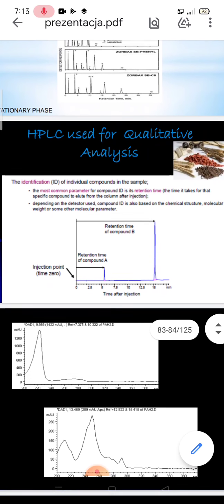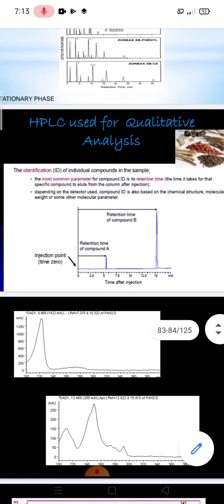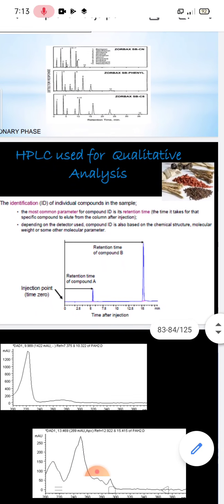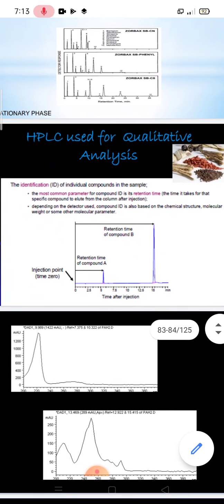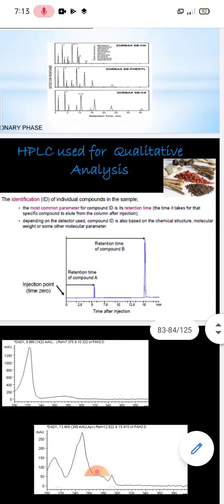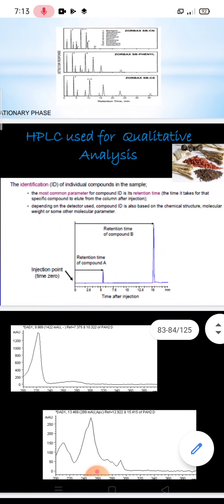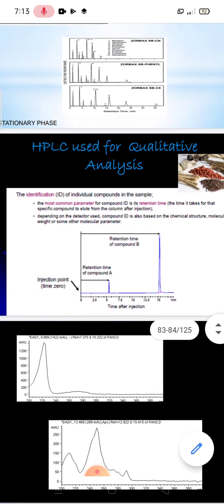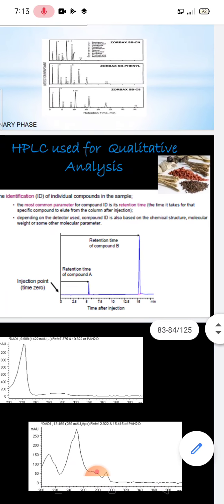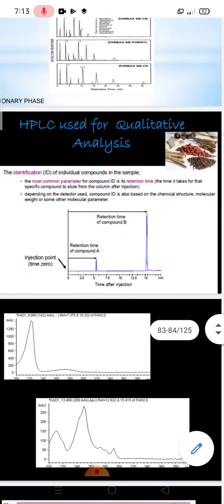When we upload the sample and run the mobile phase, you should remember there will be an interaction between the mobile phase and the sample, and from that sample the particular component will come out first with the mobile phase. That is what we call elution, or to elute.